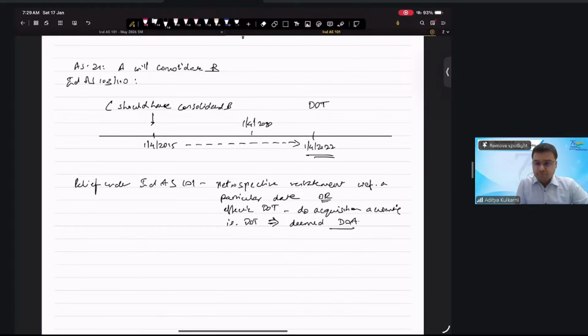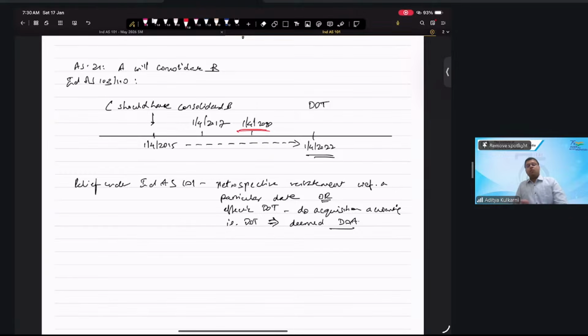Why would you not want to do an acquisition account? Suppose I purchased one subsidiary on 1/4/2017. If I select the applicability as 1/4/2020, why would I go back?